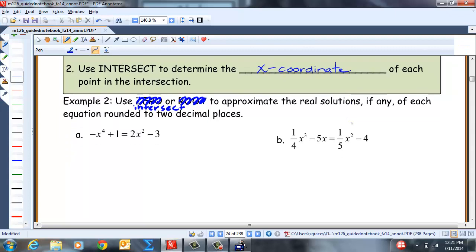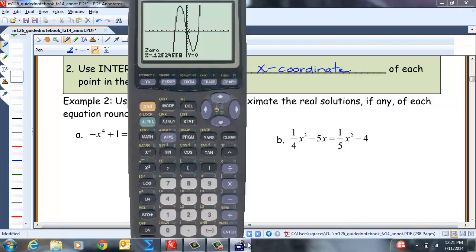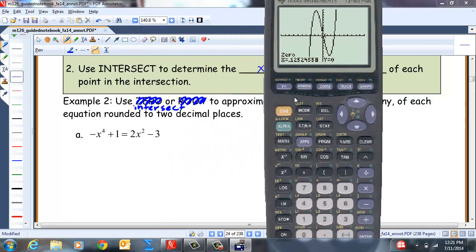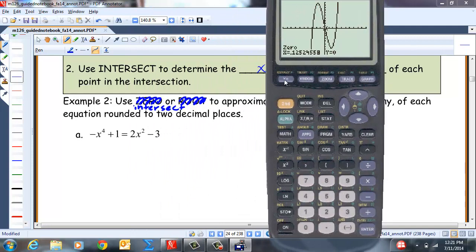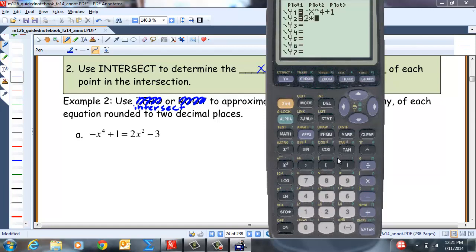So, bringing our calculator back and go into the y equals screen. We'll clear this out. So on the left side, you see we have negative x to the 4th plus 1. And then on the right side, we have 2 times x squared minus 3.